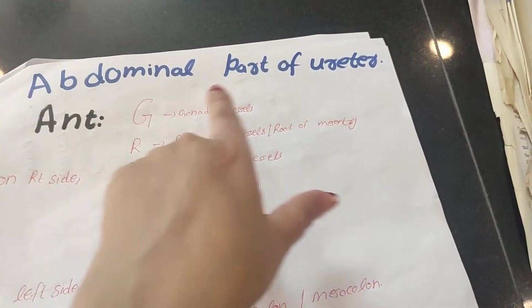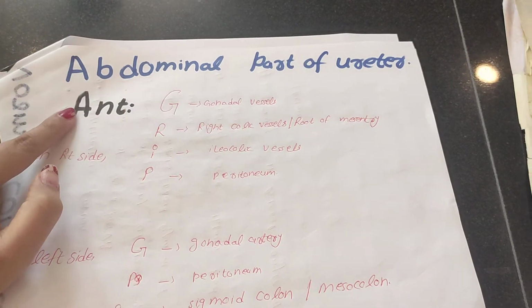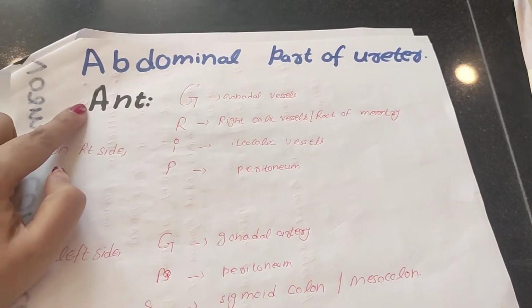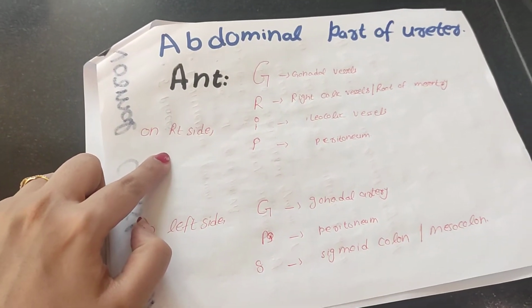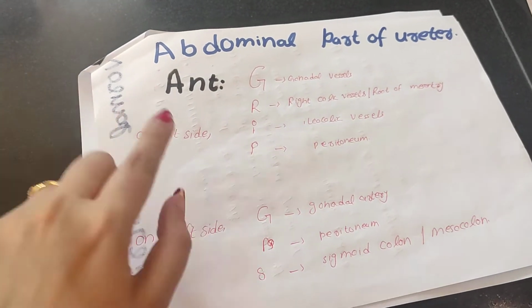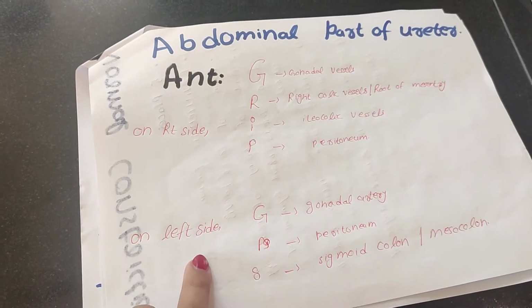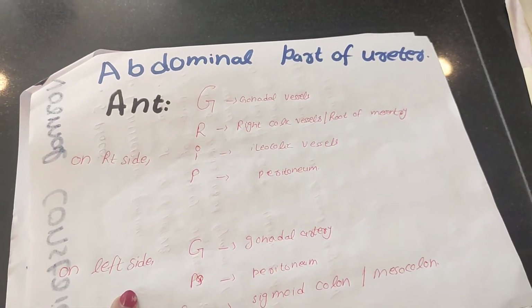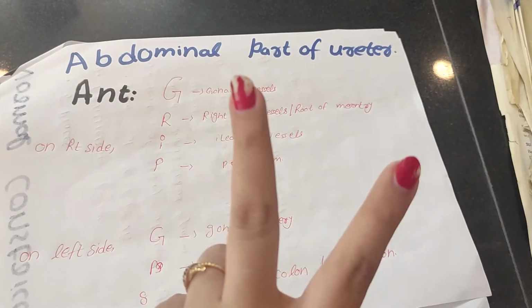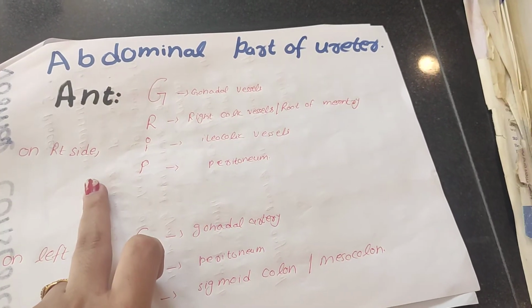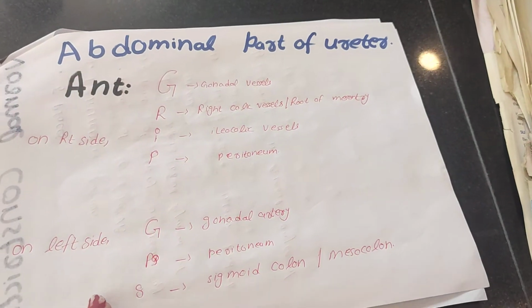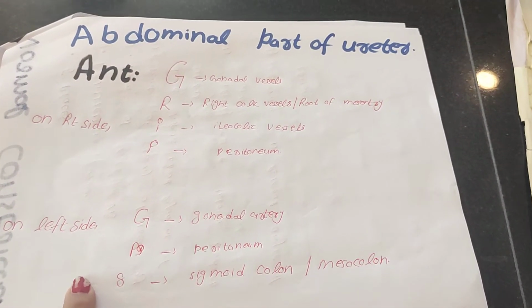The abdominal part of the ureter has anterior relations, and they differ on the right side and the left side. As there are right and left sides of the body, the right ureter will have different anterior relations and the left ureter will have different anterior relations.